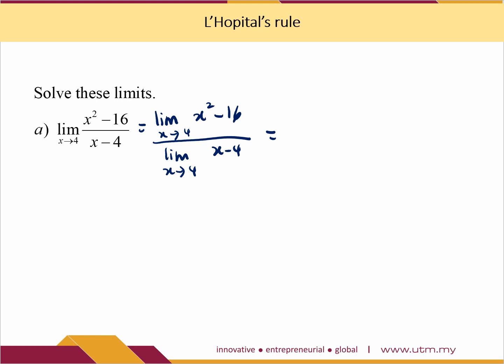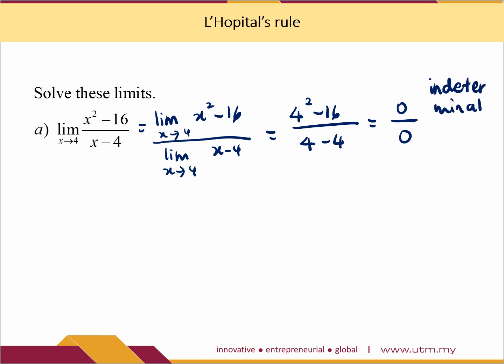When we substitute this, it becomes 4 squared minus 16 over 4 minus 4, which is equal to 0 over 0. So it is in indeterminate form, where the indeterminate form is the form of 0 over 0. We cannot solve 0 over 0, as there is no value or solution for it.